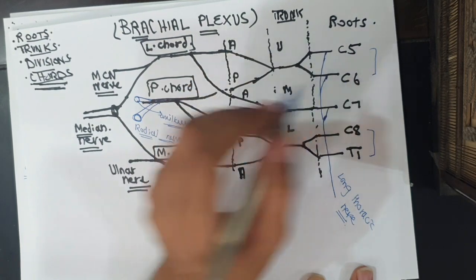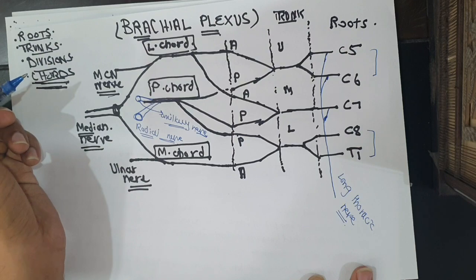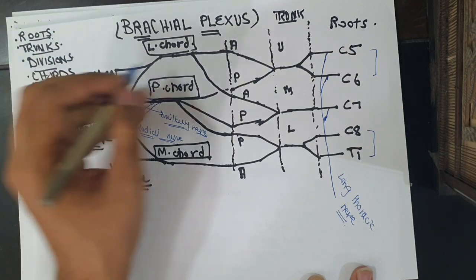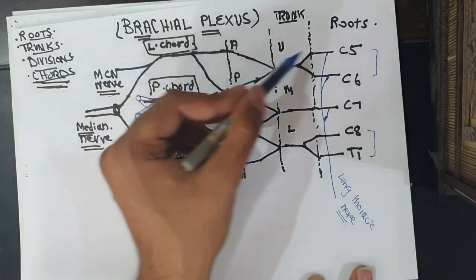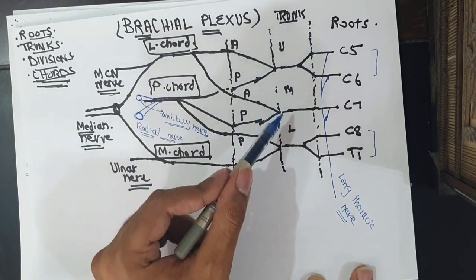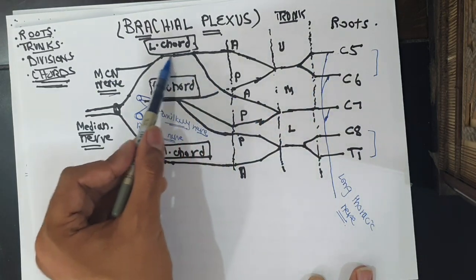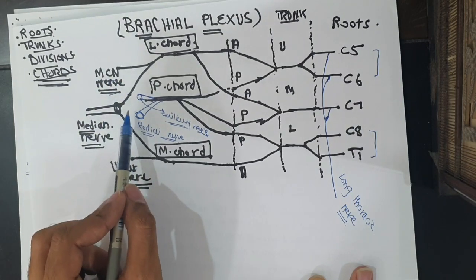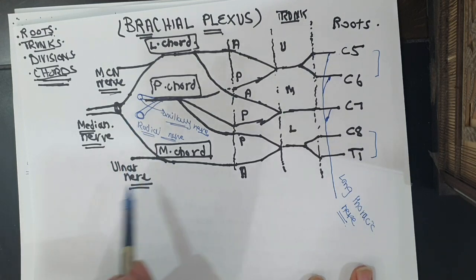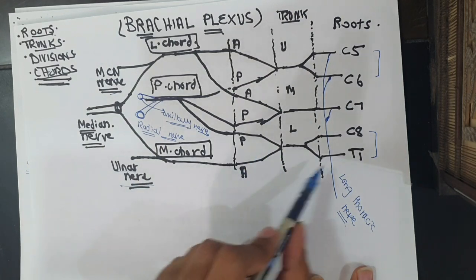Alright, for example, if I ask you what is the root value of the musculocutaneous nerve, you can say, if you trace it back, it is formed from C5, C6 and C7, ultimately giving us the musculocutaneous nerve before the formation of the median nerve. So just like this, if you're asked to tell the root values of any nerve, you can just trace back your path and find out the root values.